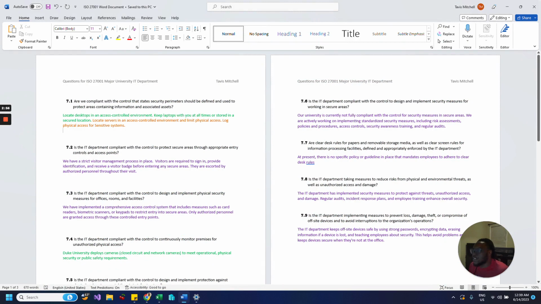When I was gathering this information, I actually did a little bit of open source intelligence. Since I wanted to do it on a major university, I looked up a major university in my area, Duke University.